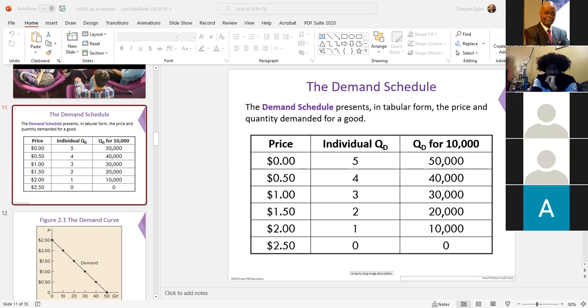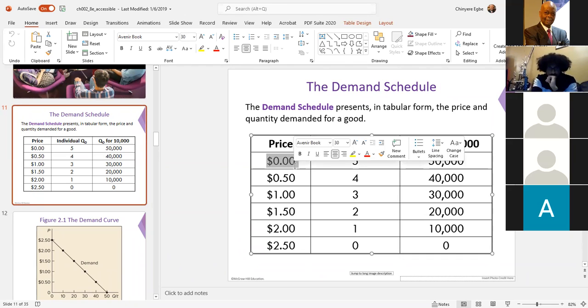Okay, so like we said, in a free market system, price is what drives the system. For example, if you are producing a good and the price is 0, free, the buyers will want to buy 50,000.